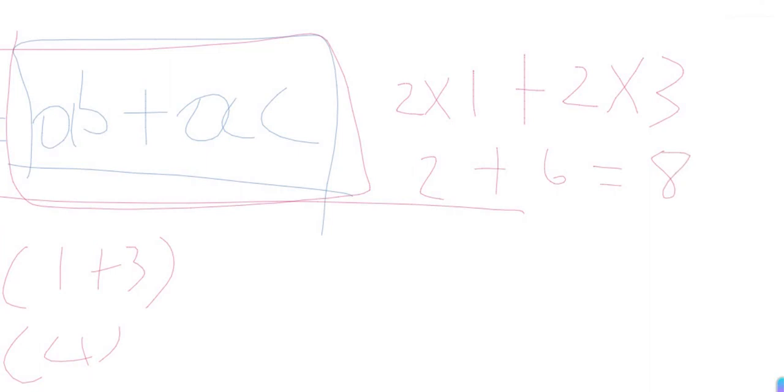So that's basically it. We looked at the commutative property, the distributive property, and the associative property. And we learned that based on the operation, the order in which we change the numbers might work and might not work.